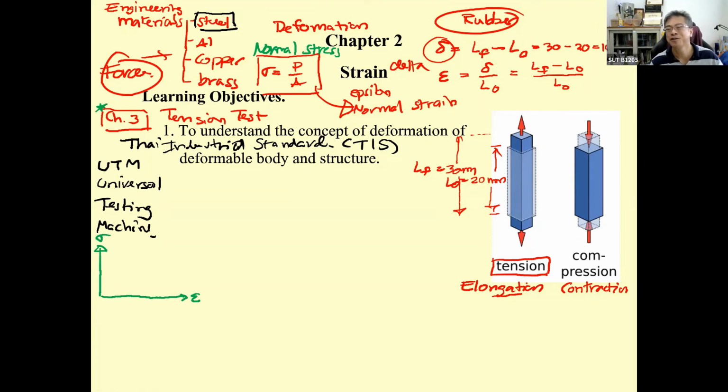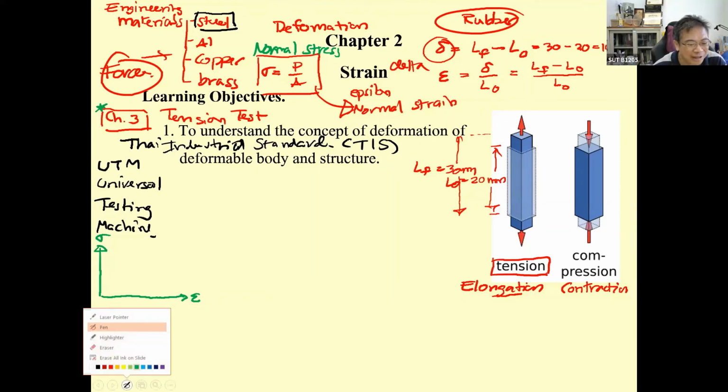Usually chapter 2 will be combined with chapter 3 to produce the examination if it's a written examination. But if it's multiple choice, we can ask anything. You can see when the force is 0, the point is 0. When we increase the stress, the strain increases.